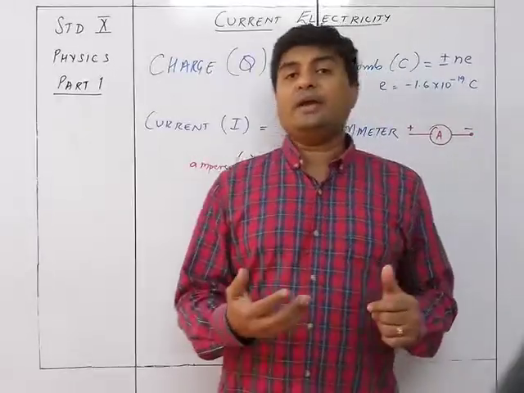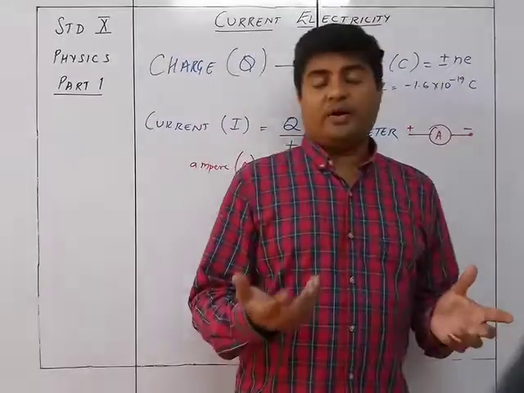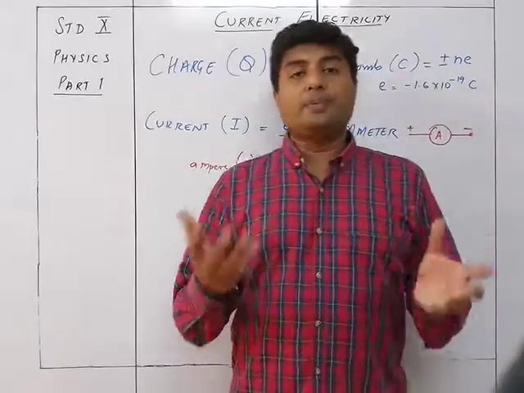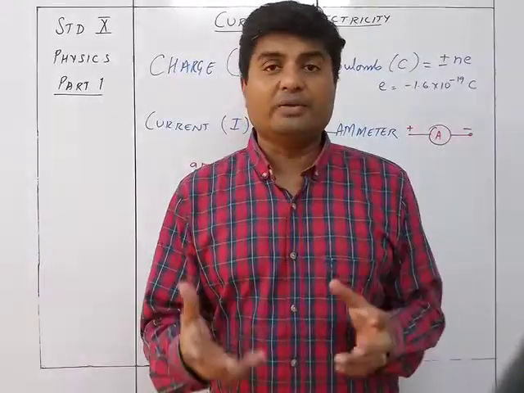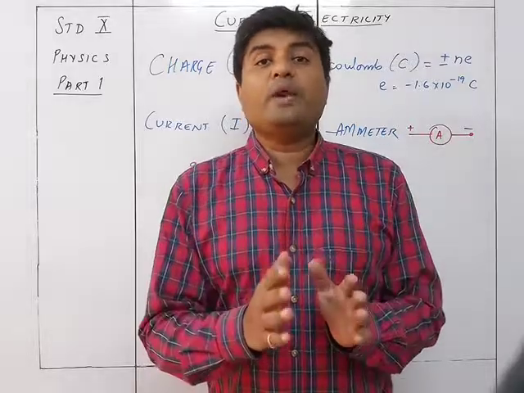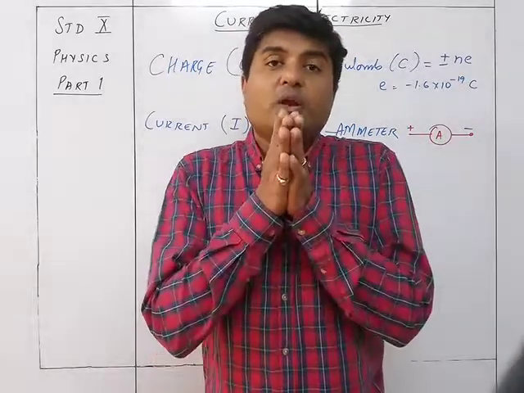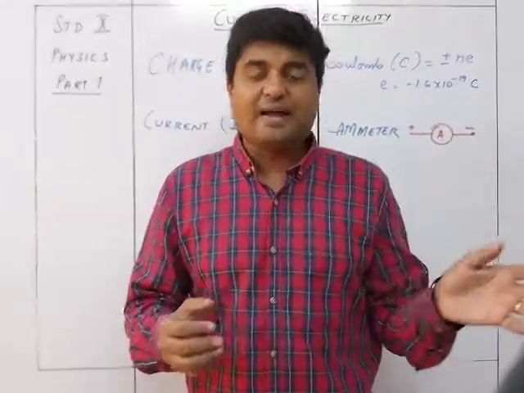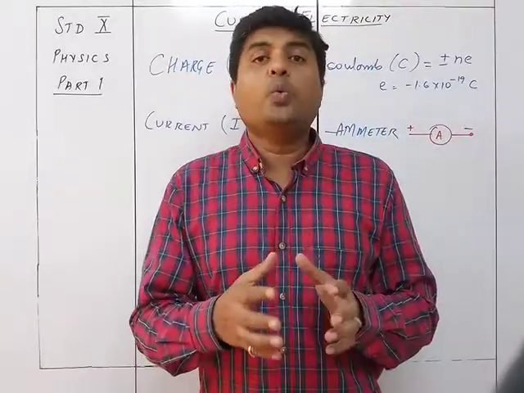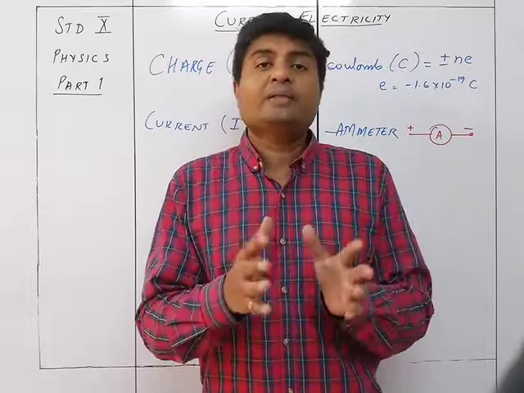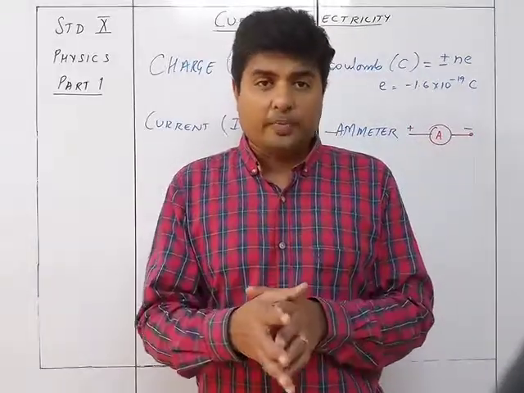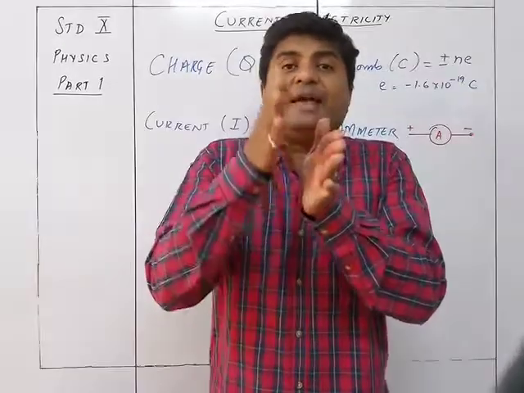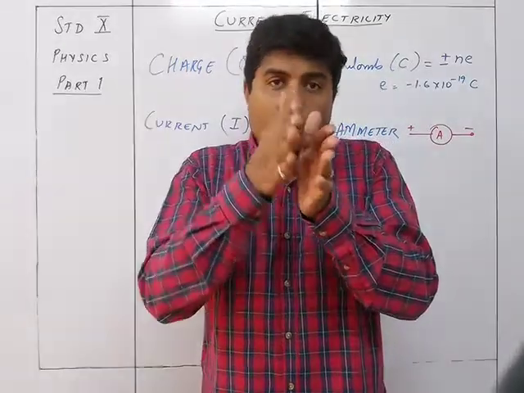The free electrons present in them will make the flow of electricity possible. Whereas when we are talking about an electrolyte, an aqueous solution or a compound which is going to allow electricity to flow through it, it will split up into anions and cations. The positive ions and negative ions are formed, and the ions are the ones which carry the current from one point to another.